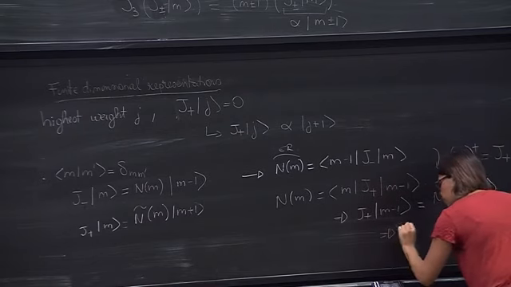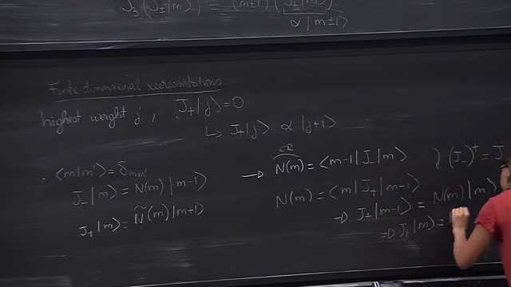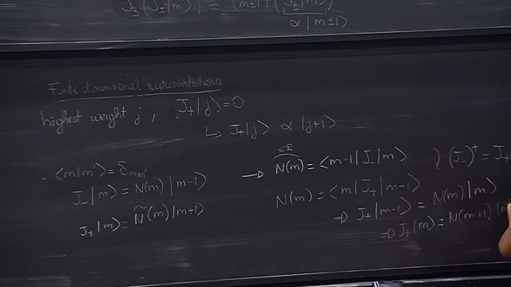This means that j plus on the vector m is n... okay, very good. So now that we have this, we can really define.